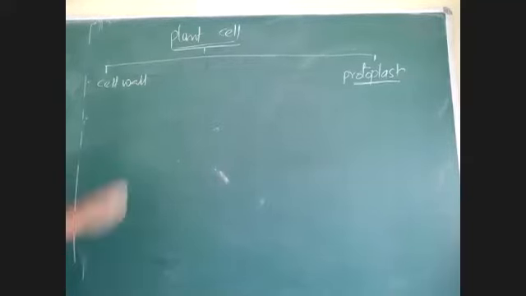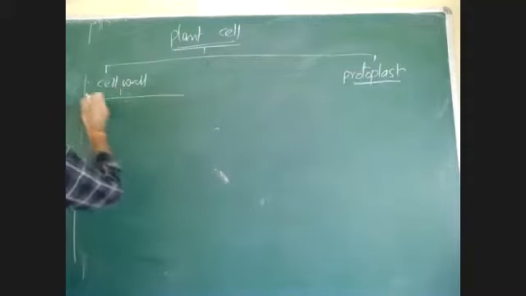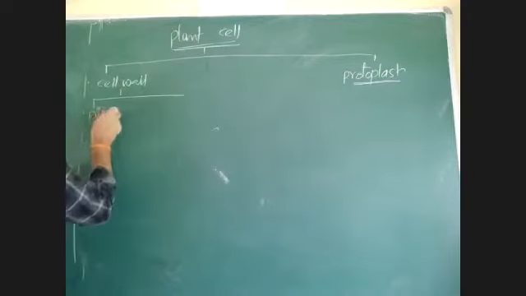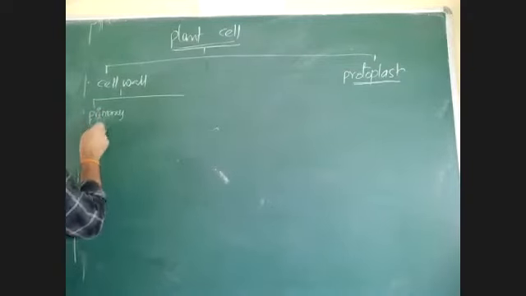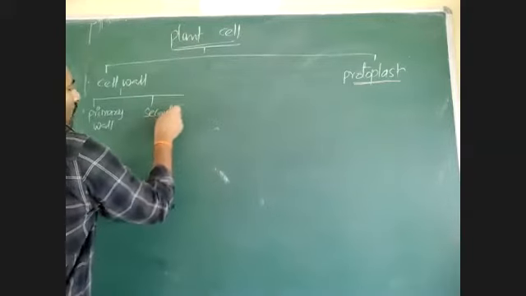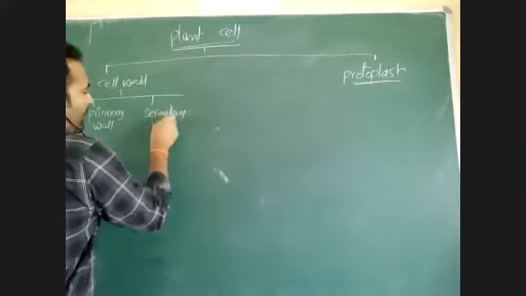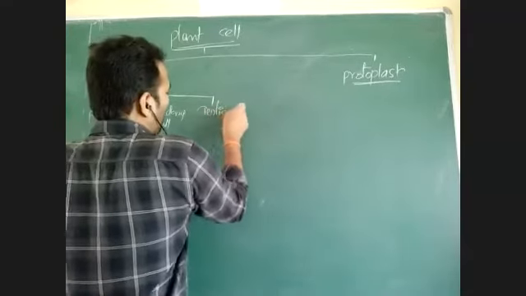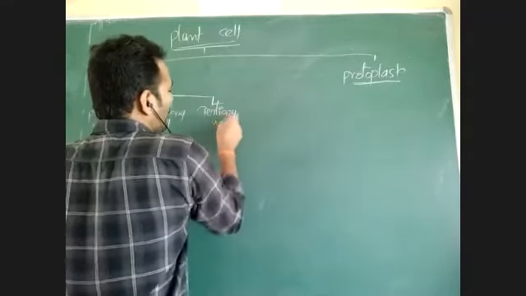The cell wall is again divided into three layers. They are the primary wall, secondary wall, and tertiary wall.